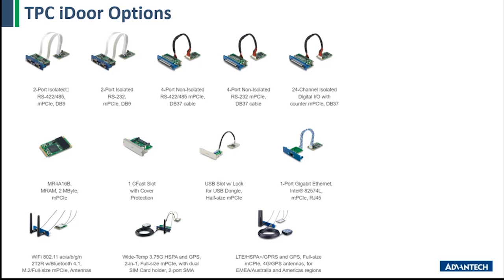And another cool thing is, compared to the PPCs, which require a completely different wireless module to be installed. So what you would have is the little PCM cards in this photo connected to antennas on the back of the unit, while the TPCs can actually just have the iDoor module for Wi-Fi installed.